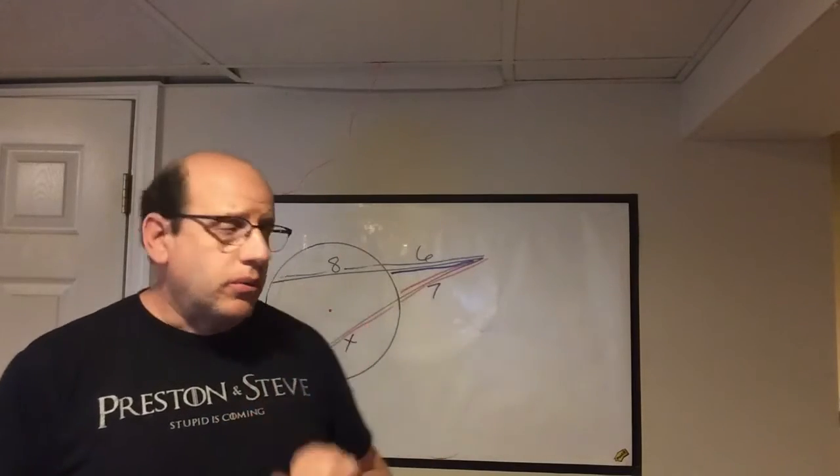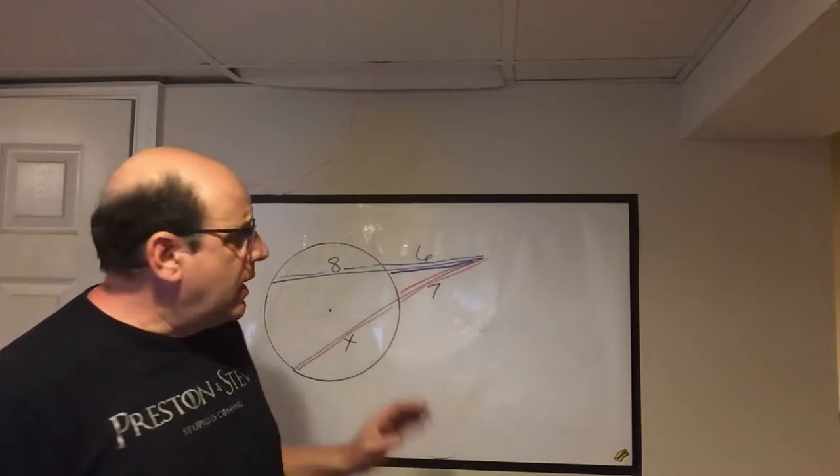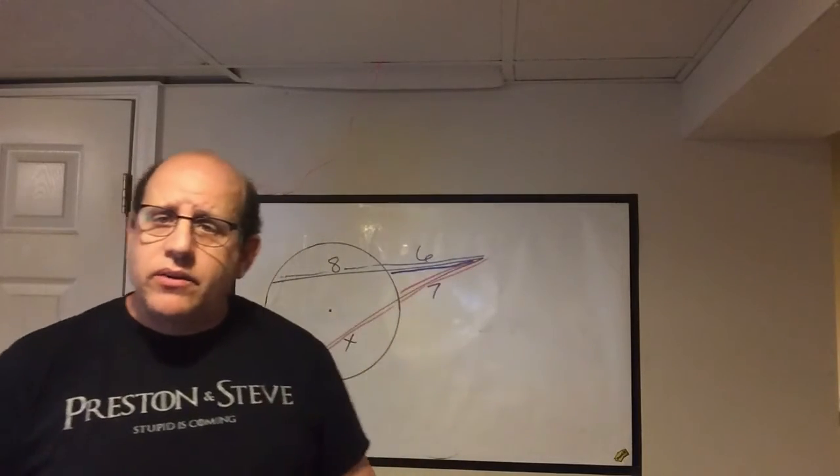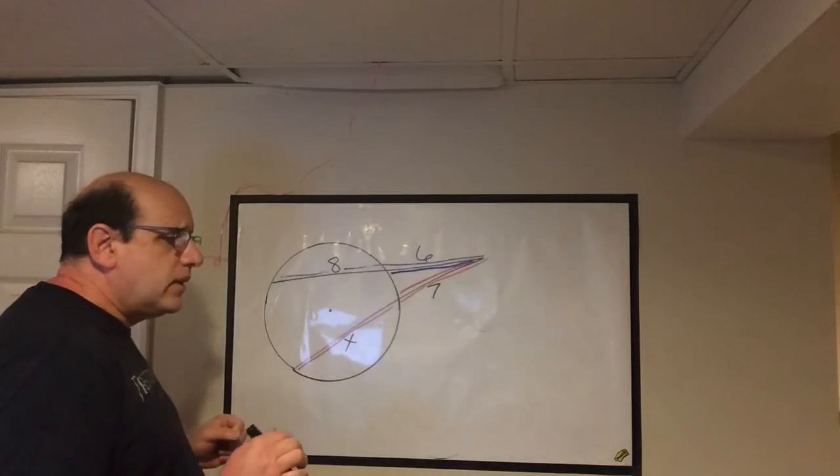I want you to remember one thing. When we have secants and they intersect, and we want to find out something about the segments in question, very much like before, when those chords intersected inside the circle, we multiplied the segments together, and they were congruent to the product of the other segments.